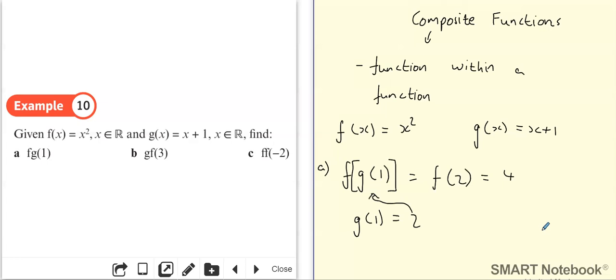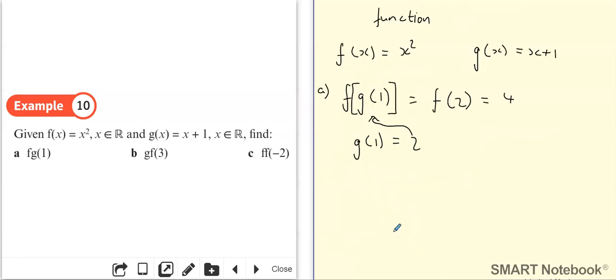Does that make sense? And if it doesn't, that's fine. We're going to do a couple of examples to get our head around this. Next, gf of 3. So what's the first thing I'm going to work out? f of 3. What is f of 3, please? Looking at the functions.